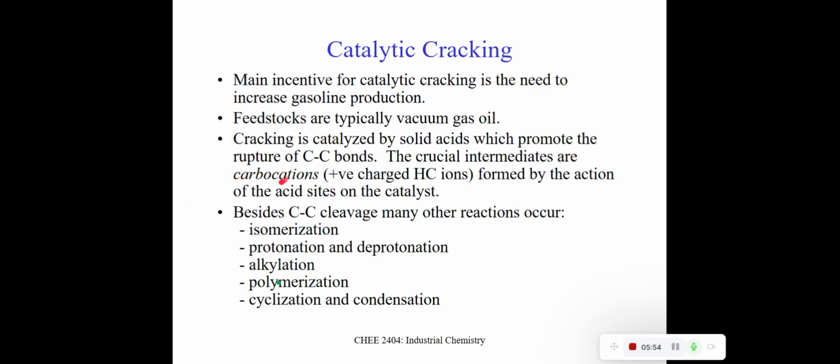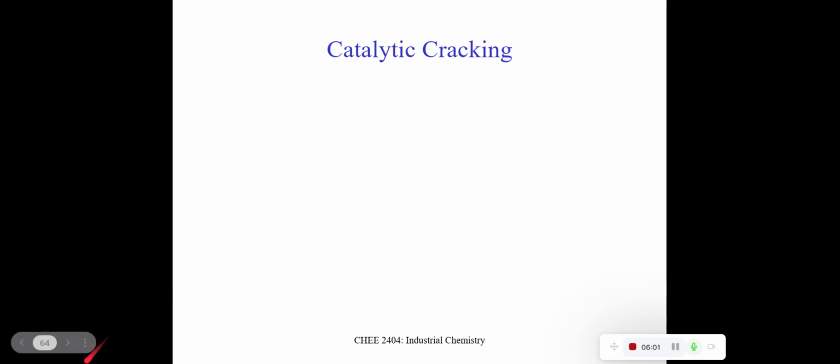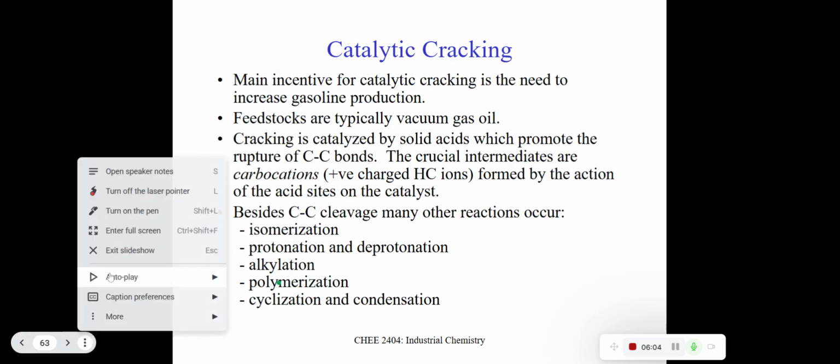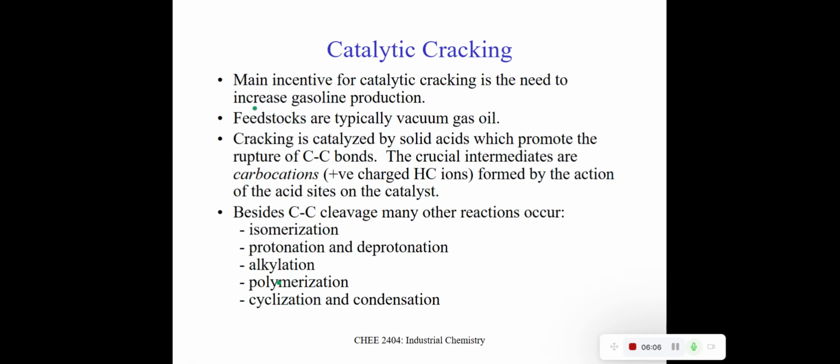The main incentive of catalytic cracking is gasoline production. The feedstock is typically vacuum gas oil, and catalytic cracking is catalyzed by zeolite, which is a solid acid that promotes breaking of carbon-carbon bonds.